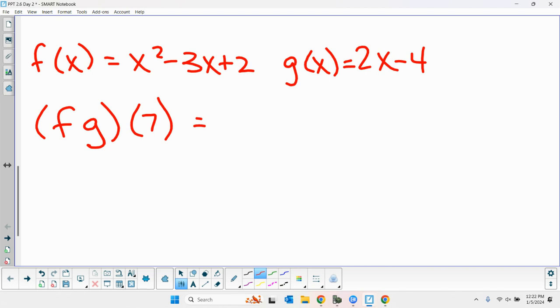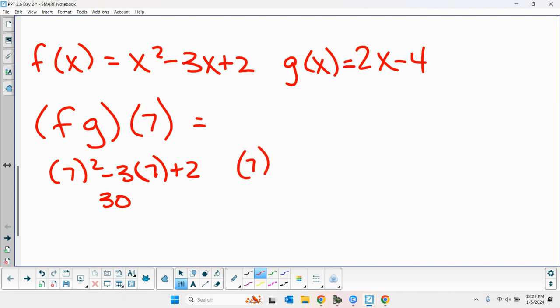Do f of 7, which is 30. Okay. And do g of 7, which is 14 minus 4, which is 10. And then what do I do with the two answers?